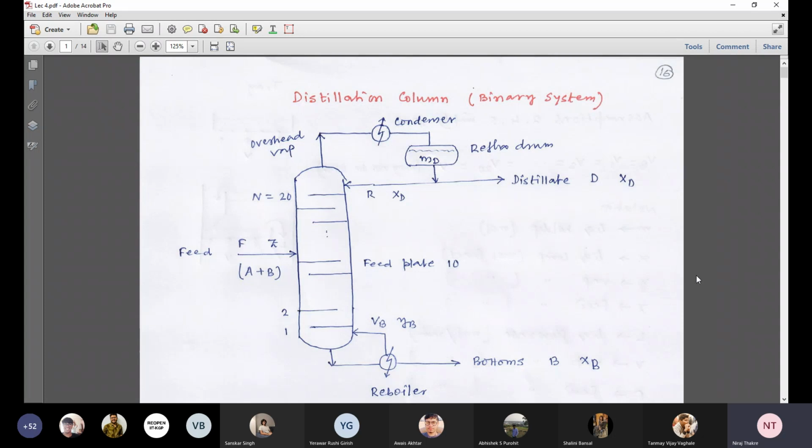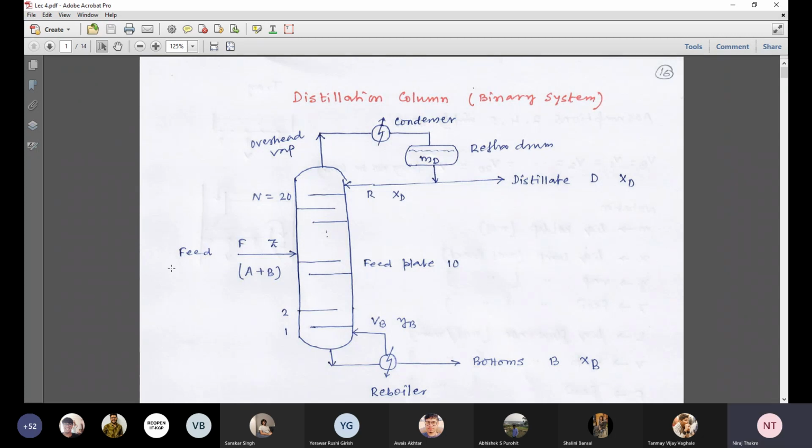I think you are understanding how important this process is, because it is extensively used in the refinery industry. There are several other applications, like in the food industry, biochemical industry, and petrochemical industry, but the extensive use is in the refinery. In the refinery industry, the feed is basically crude oil.